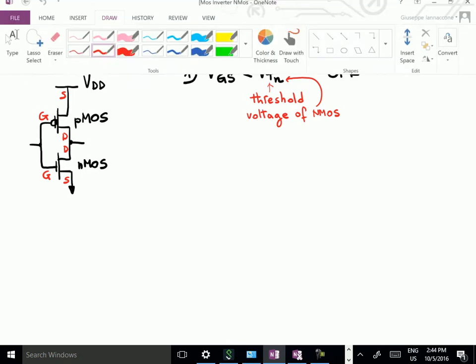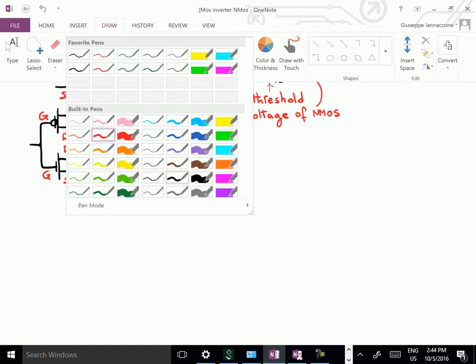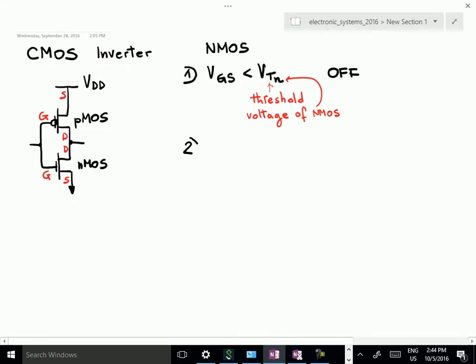Now we have the other two regions of operation. The second region of operation is VGS larger than VTN, and VDS smaller than VGS minus VTN. You already know this region of operation from the basic course in electronics.